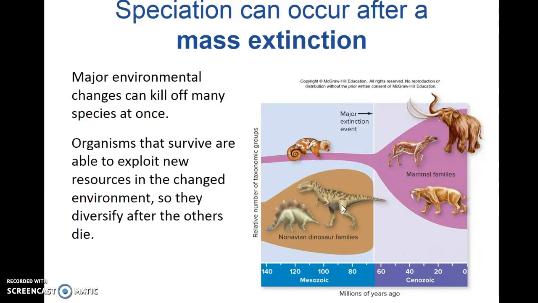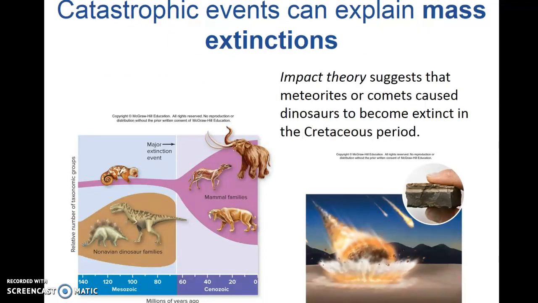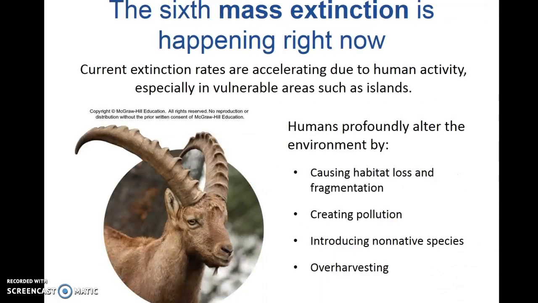This happened frequently throughout the fossil record. You can go through here and look at why the dinosaurs died out because of impact theory and the meteorite and so on and so forth.